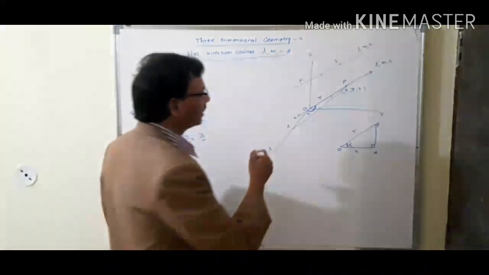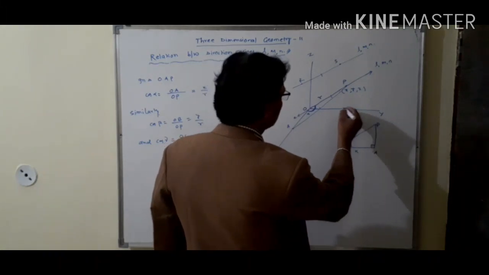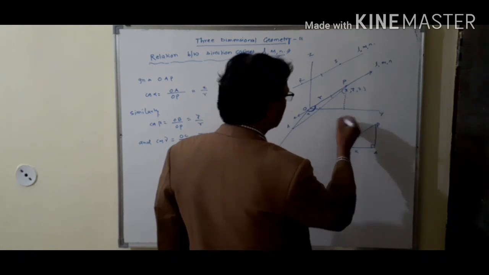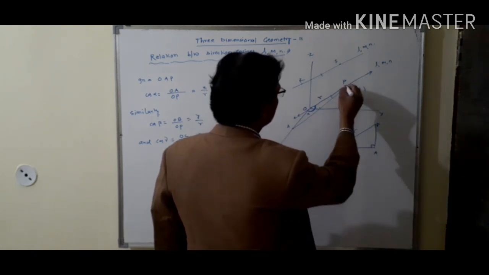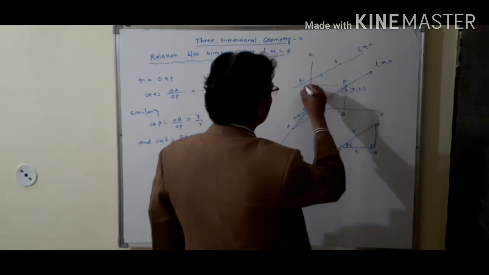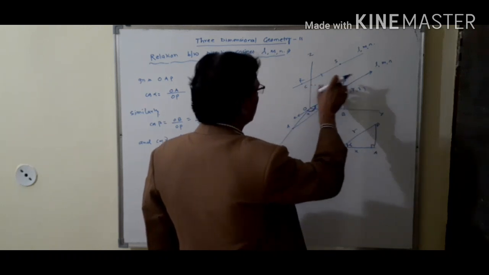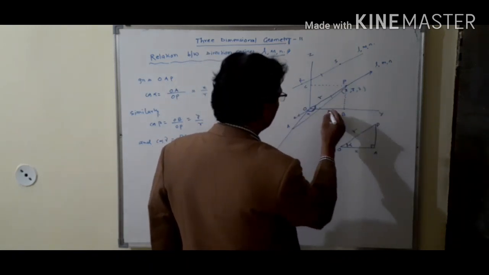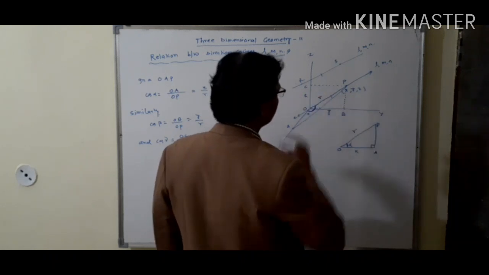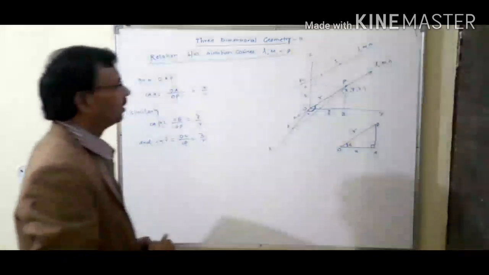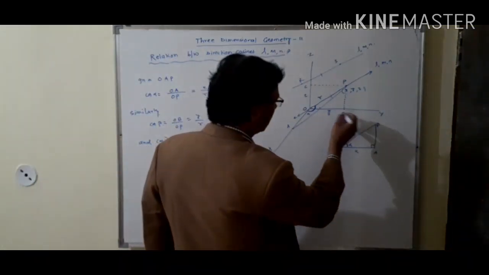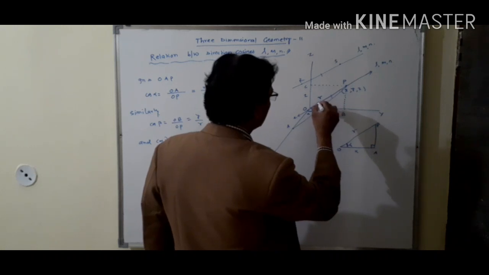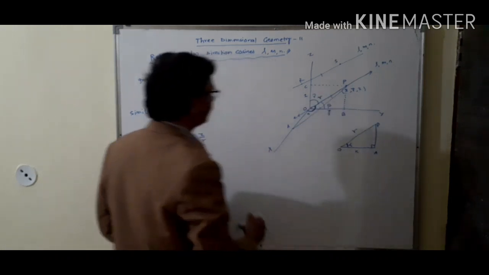Here B is the foot of the perpendicular from P on the OY axis, and C is the foot of the perpendicular PC from P on the OZ axis. This will be y and this will be z, and with the y axis this angle will be beta, and with the z axis this will be gamma.